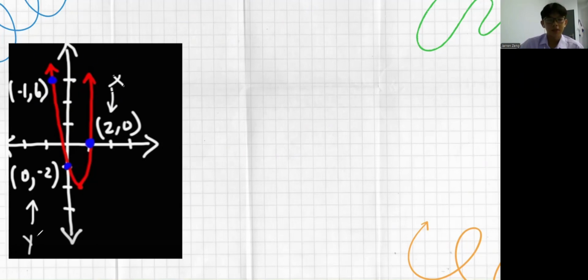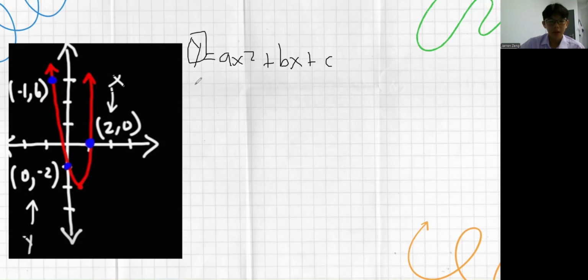Since we don't know the vertex point, we're going to use the quadratic function formula to find c, the one in the beginning. Now we're going to use the y-intercept.